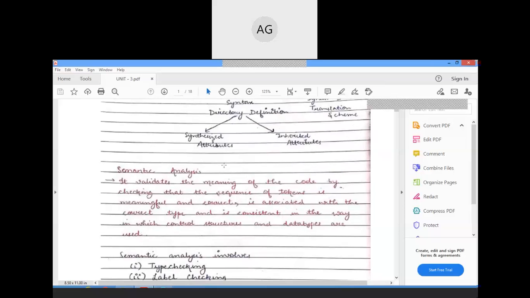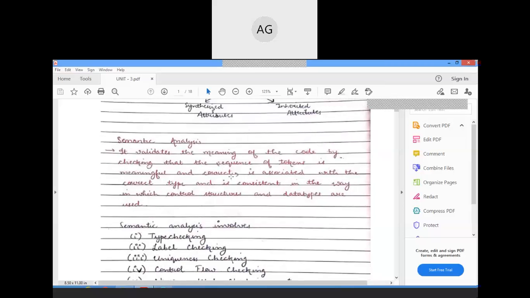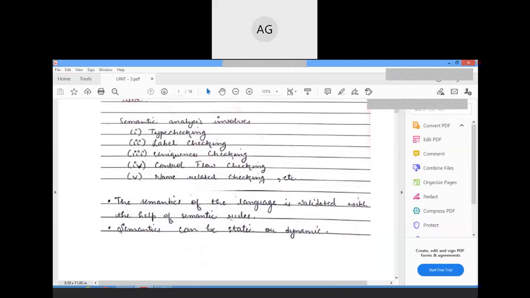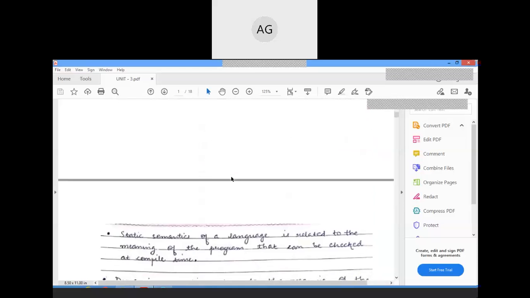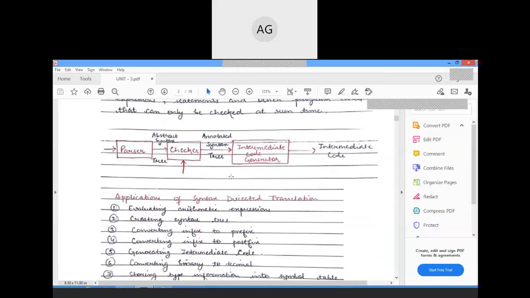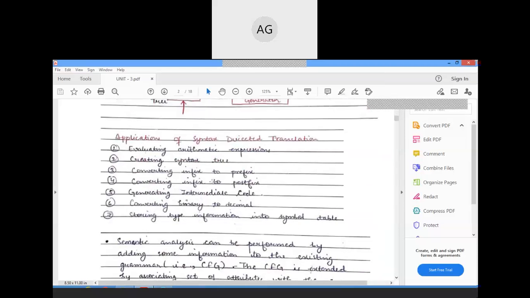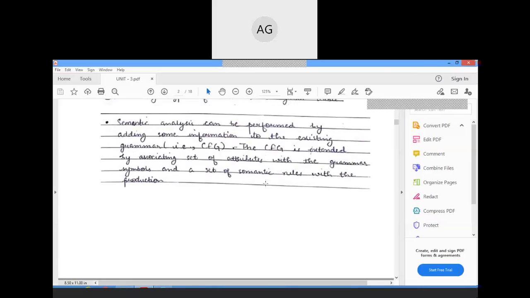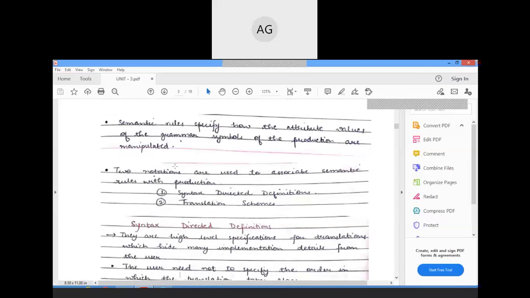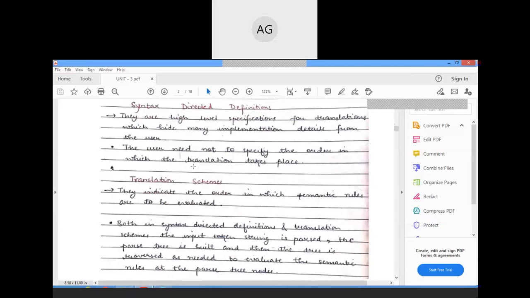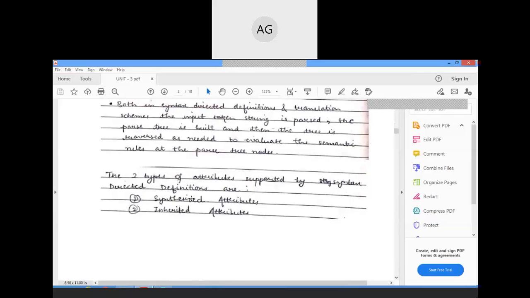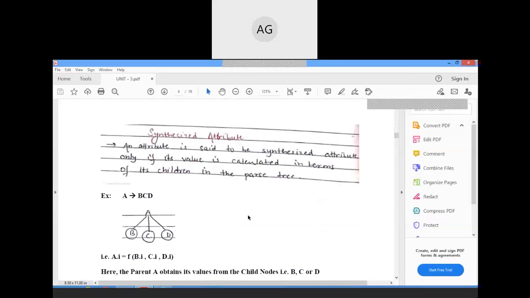Then we studied synthesized attributes and inherited attributes, and the applications of syntax directed translation.